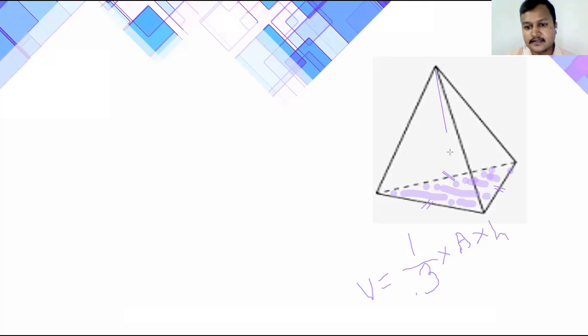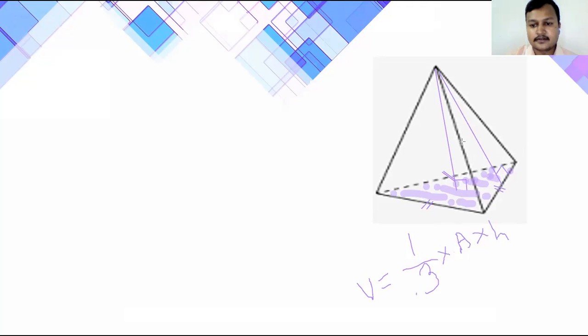A vertical line from here that makes a 90 degree angle with the base is called the height, vertical height. And here there will also be slant height, like the other pyramids. The equilateral triangle based pyramid also has slant height.